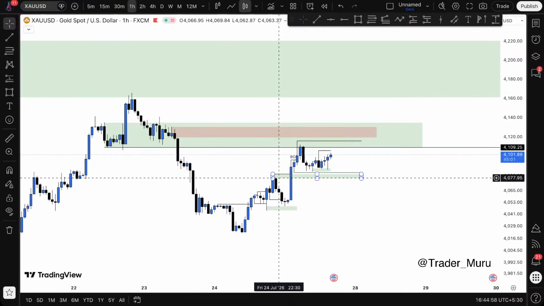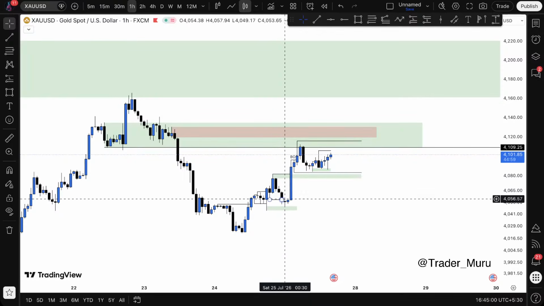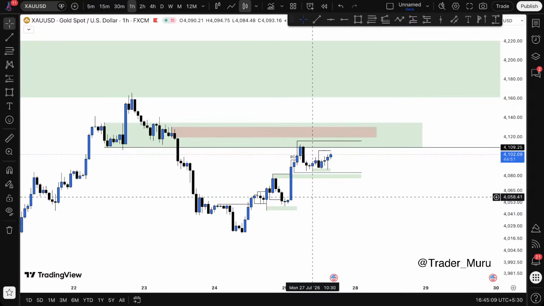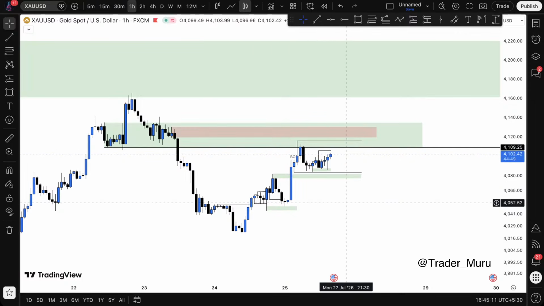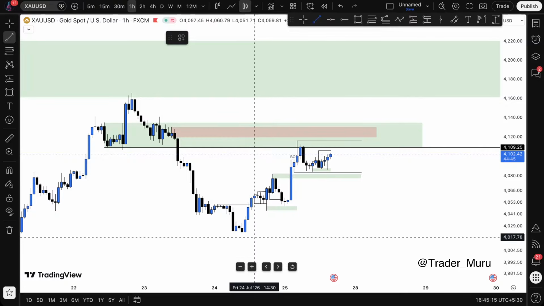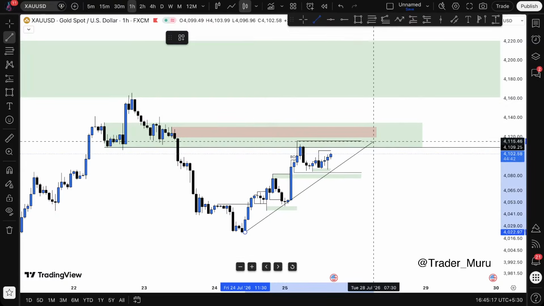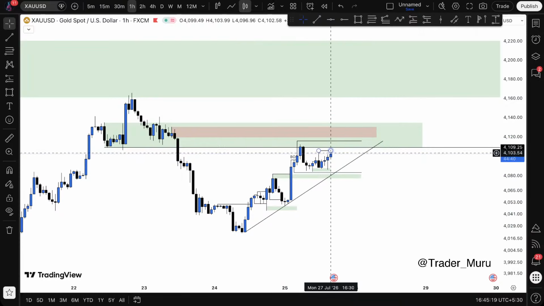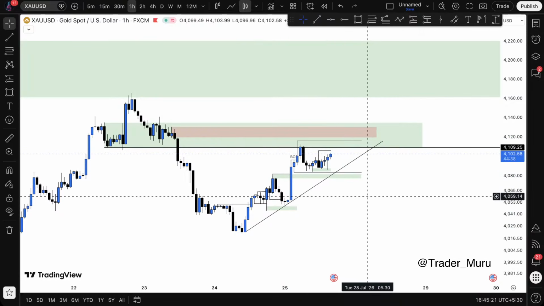First is this mitigation block, second is this 57 to 50 area. And this is a less likely area because it will have to drop more and this trend line will break also. So watch for this area only.